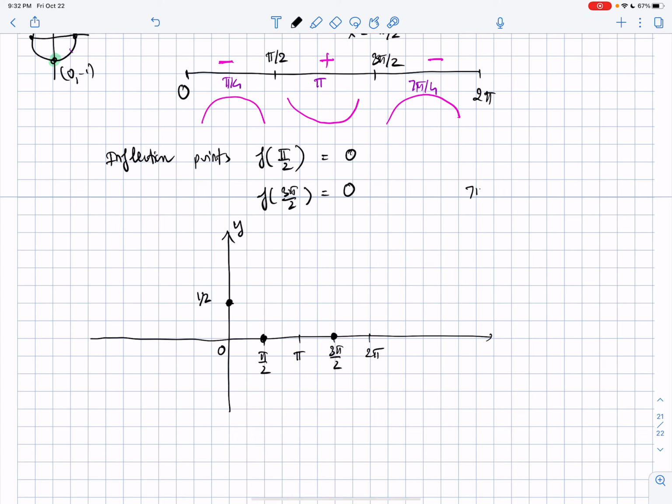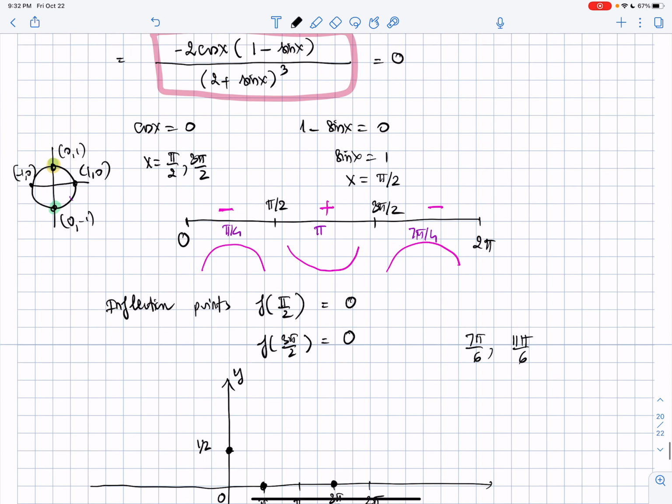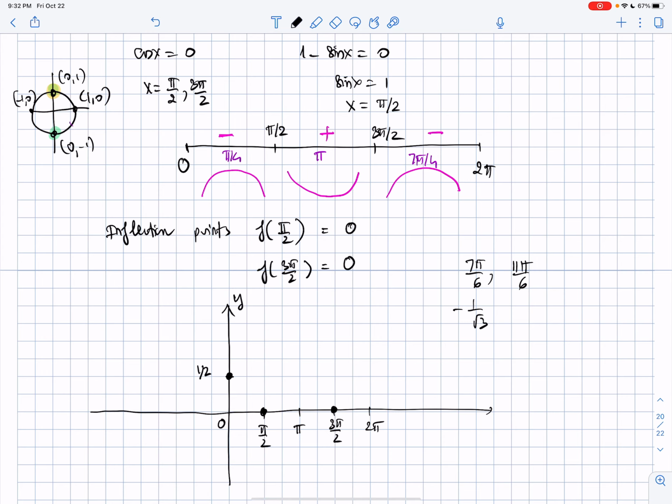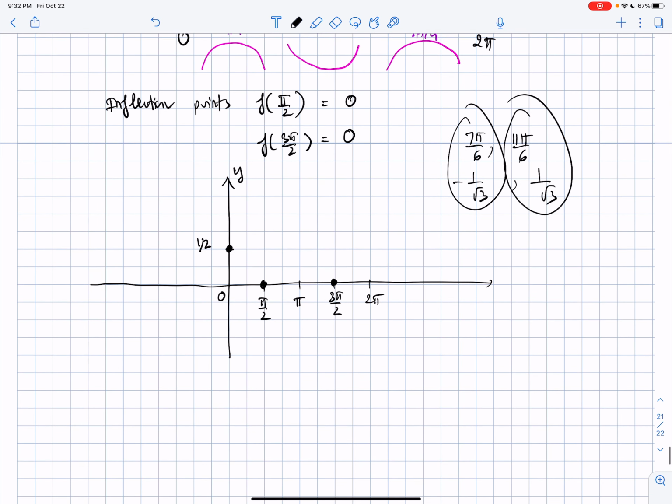At 7 pi over 6 we got negative 1 over square root of 3, and 1 over square root of 3 for 11 pi over 6. So this is the local max and the local min.